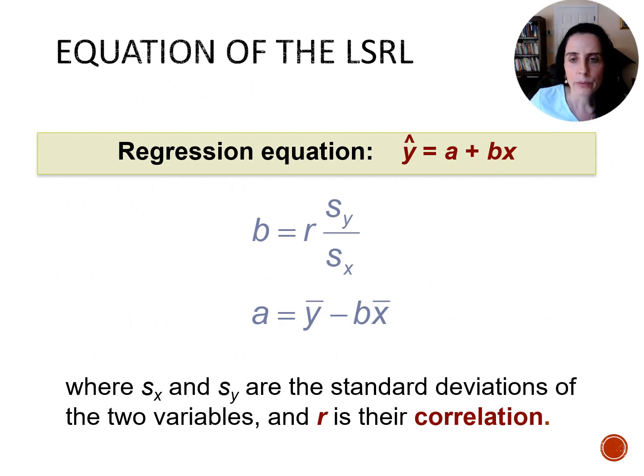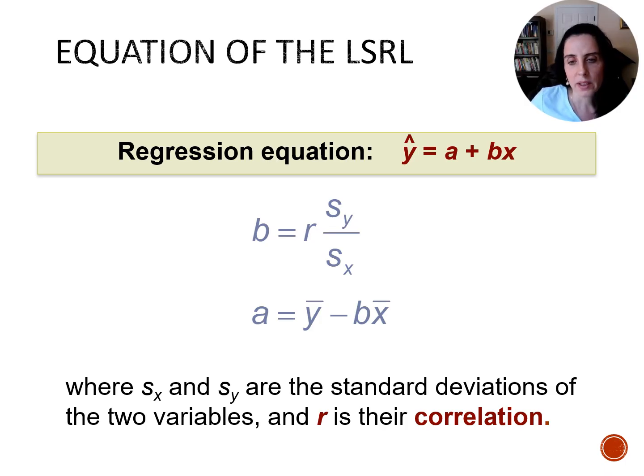As I mentioned before, the slope and intercept value for the regression equation are typically computed by statistical software, but it is important to know how they're calculated so that we can understand their meaning and know how to interpret their values. The slope of the line is a function of the correlation between the two variables multiplied by the ratio of their standard deviations.